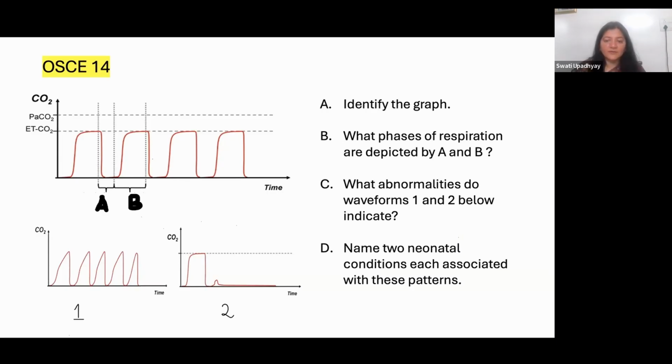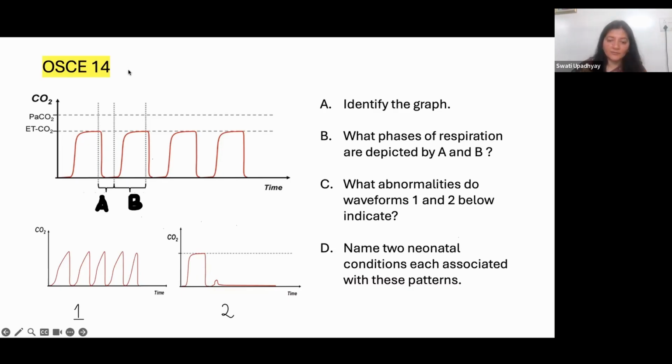In the second graph, if you see, there is sudden loss of waveform. This can happen in two conditions. Tube displacement, very good. So either accidental extubation or tube displacement has happened, or the blood flow to the lungs has stopped suddenly, which can happen during cardiac arrest.